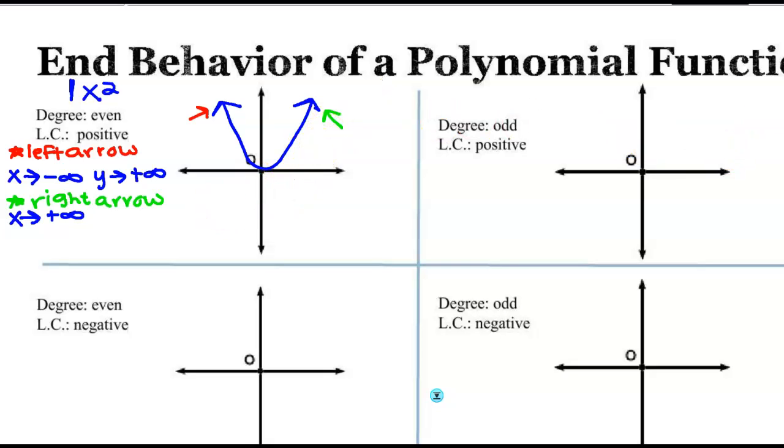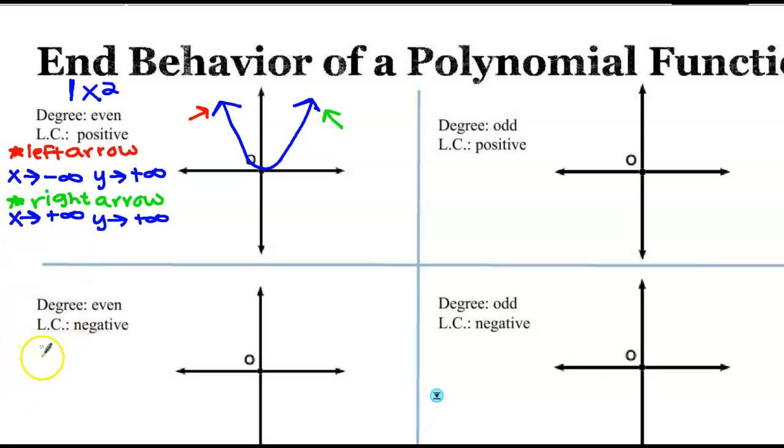Is it going up forever or down forever? This one's also going up, so it would be approaching positive infinity again. So this first part on the left, as x approaches negative infinity, is literally referring to the left arrow every single time. And then here, as x approaches positive infinity, literally referring to the right arrow every time.